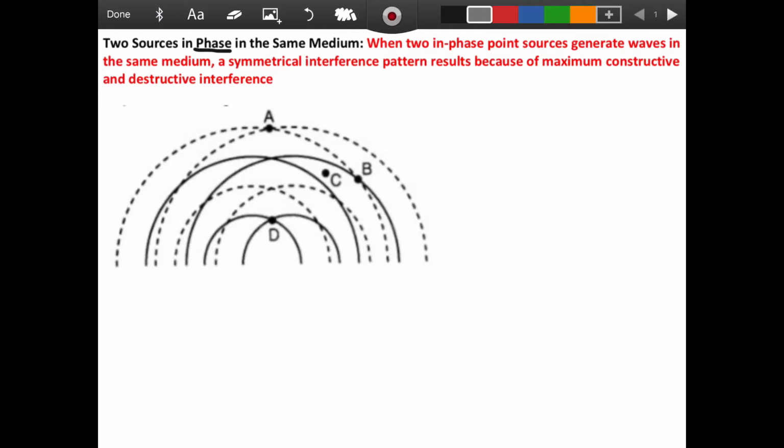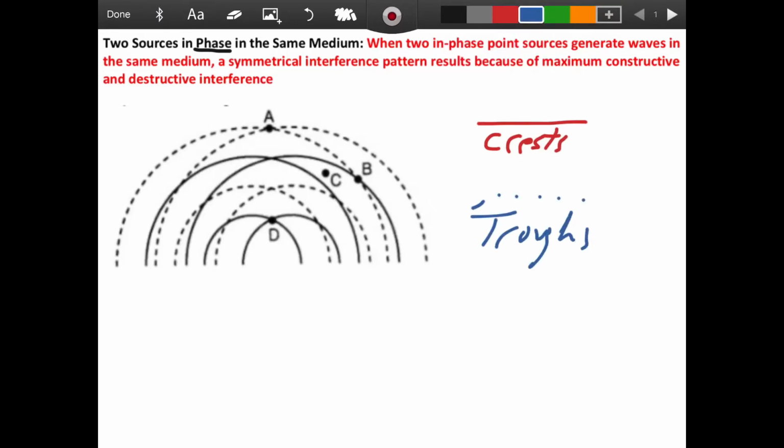So what we have are two sources here, and the solid lines could represent crests, and the dashed lines could represent troughs. So if we look at these different points, well, D, we have two crests here.